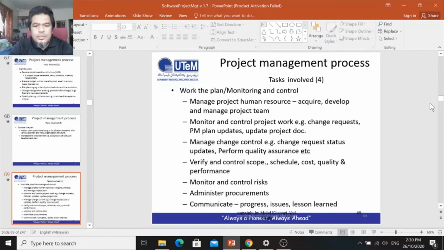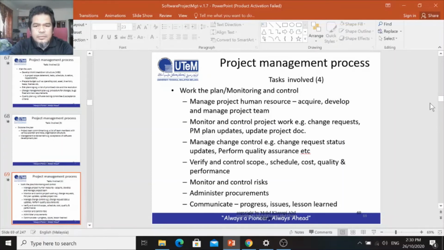You need to monitor and control the risk, and administer the procurement. You need to make sure that the tendering process is in place, and that the goods to be delivered by the supplier are on time. So you need to make a call or do a follow up process with the supplier and so on.